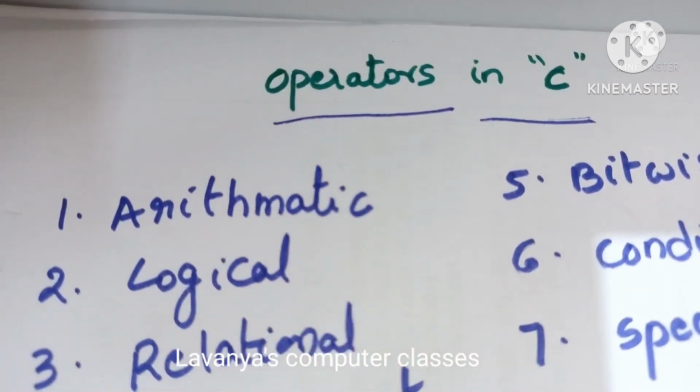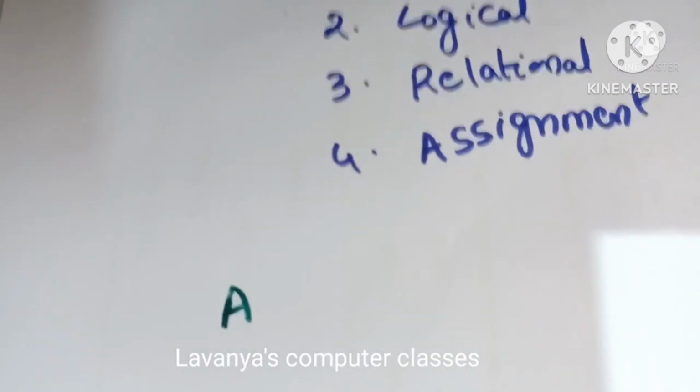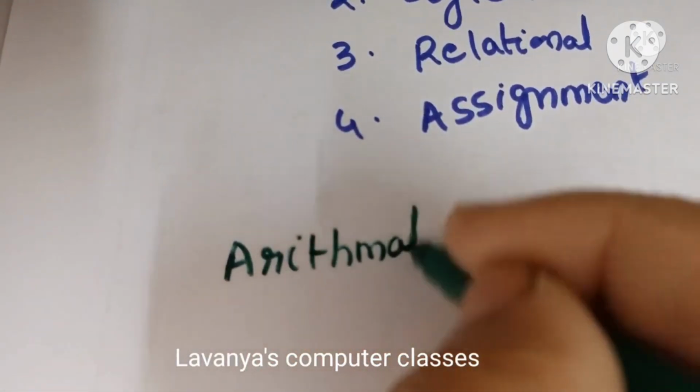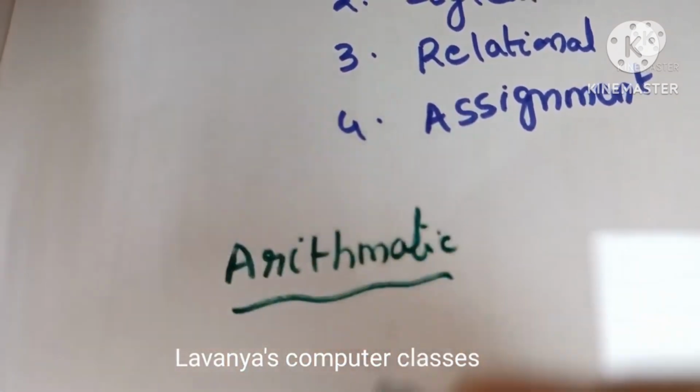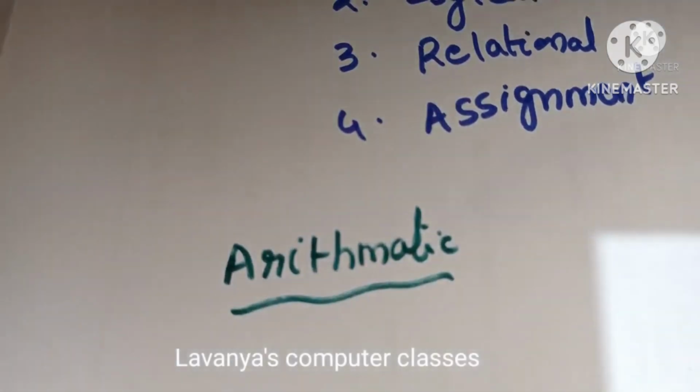First we'll go for the arithmetic operator. So what is an arithmetic operator? We know what arithmetic is. Arithmetic means mathematical calculations. If we want to do any mathematical calculations, we need some operators. Those operators are called arithmetic operators.